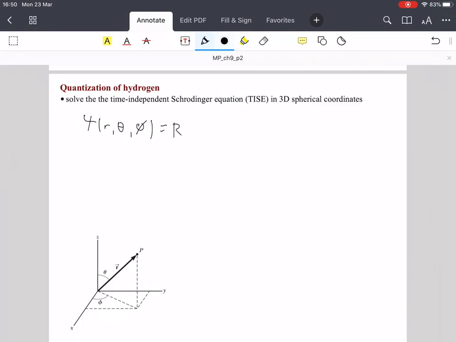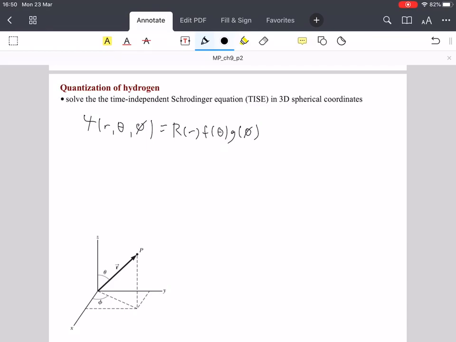So this is now going to be three functions multiplied together. One is only a function of r, one is only a function of theta, and one is only a function of phi.